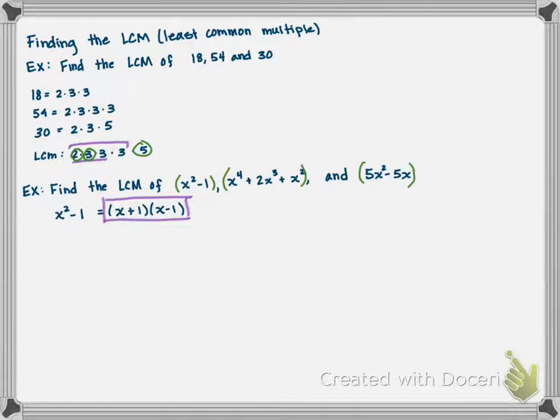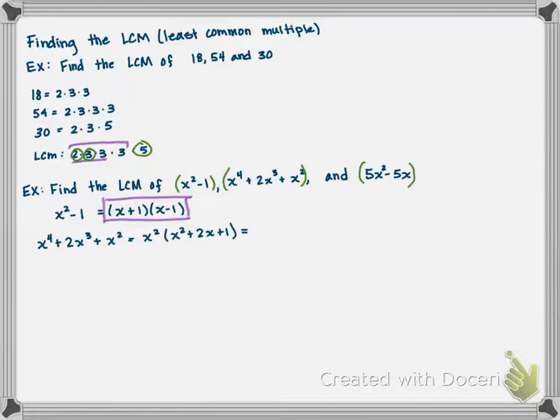And then we have x to the 4th plus 2x to the 3rd plus x squared. So I can factor out a GCF of x squared. I get x squared plus 2x plus 1. And from there, remember yesterday we talked about how we were going to treat those monomial factors just like whole numbers.